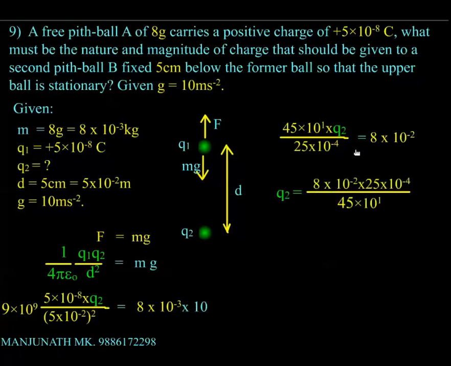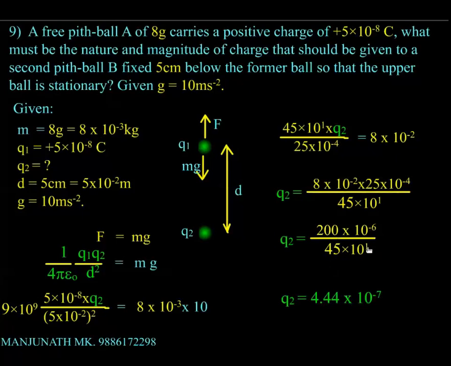So now this Q2 is required, therefore cross multiply 25 here and this 45 here. So this is equal to 8 into 25 is 200, 10 to the power of minus 2 minus 4, it is minus 6, over 45 into 10 to the power of 1. Calculate it using calculator, 4.47 into 10 to the power of minus 7. Look here, minus 6.